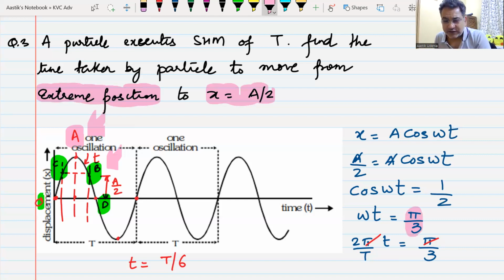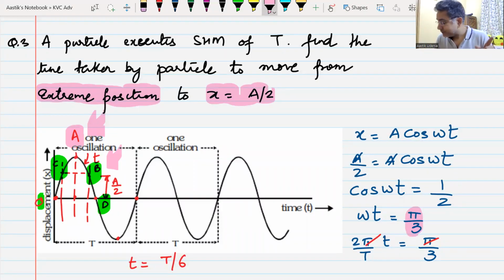So a phase difference of pi by 3 will give you a time difference of T by 6. So that is the next way in which you can do this. You do it in this way or that way, you must end up with the same answer. Do we understand this? Yes or no? Okay, I'll give you 2 minutes to note this down, and then we'll come back.